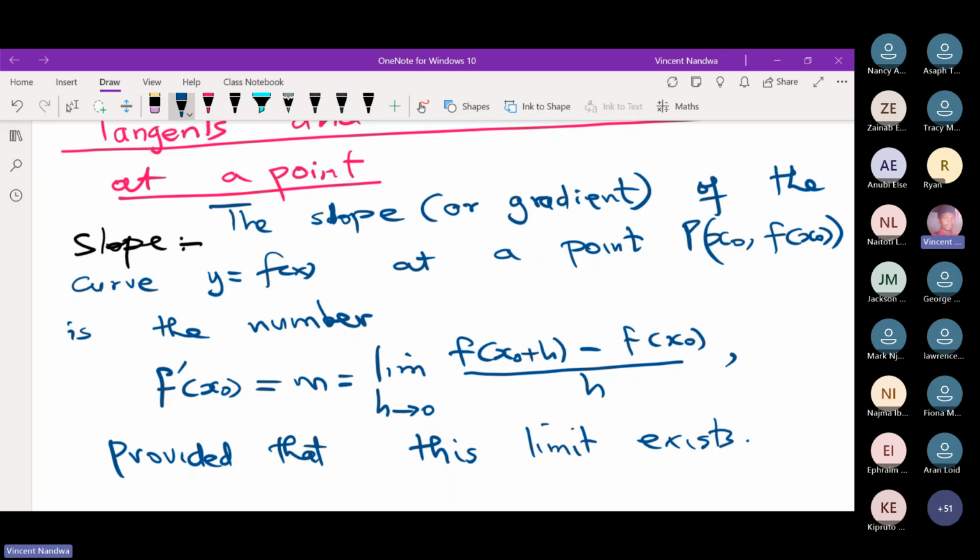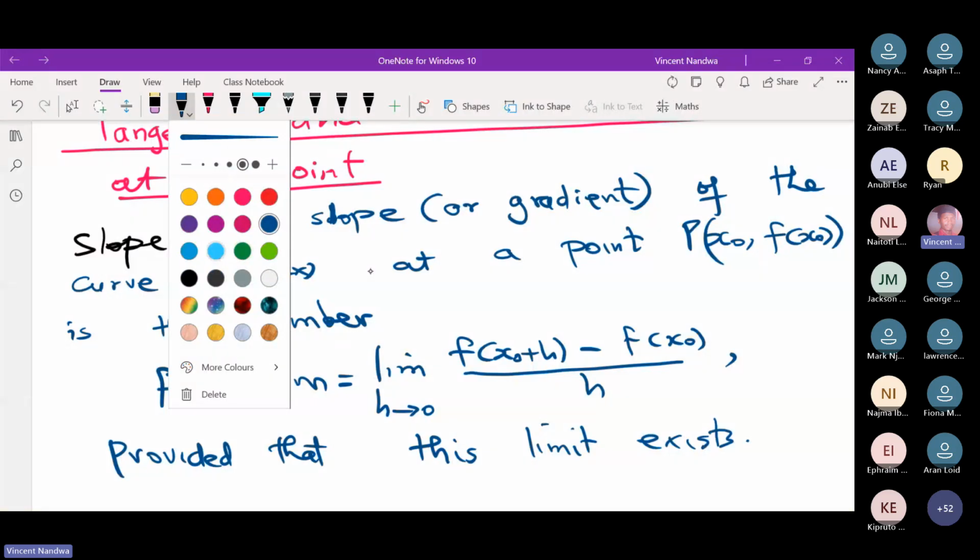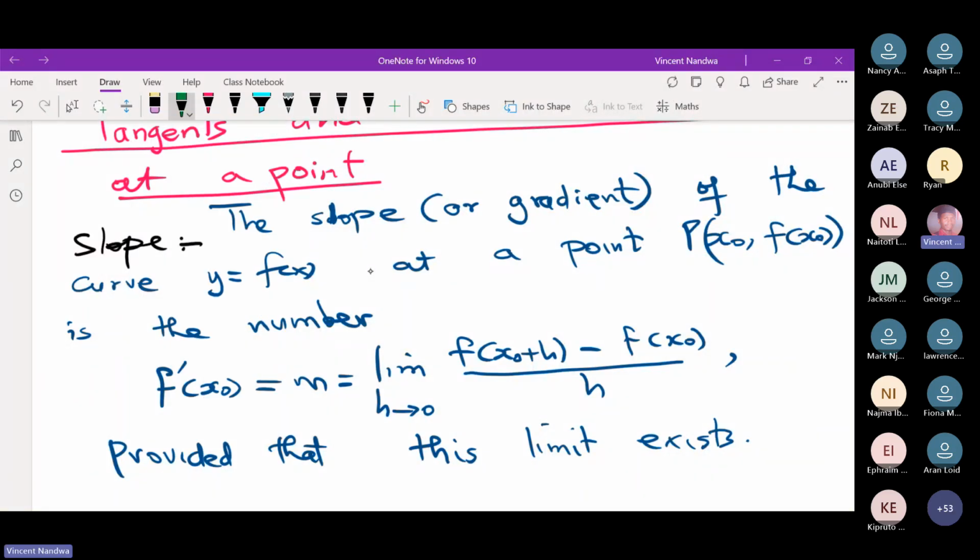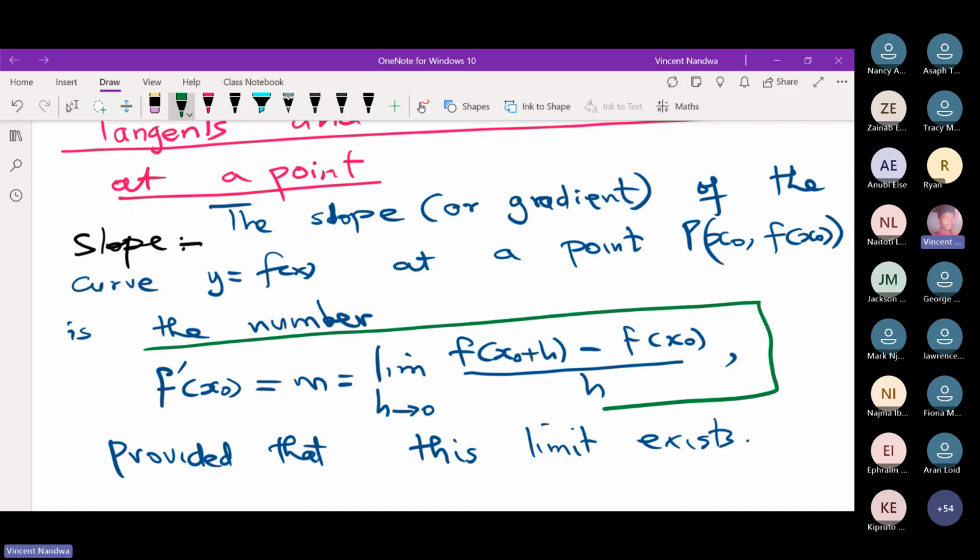So this is what we call the slope or gradient of a curve y equals f of x at a point P with coordinates x naught, f of x naught. So this is the number defined by this limit. And when this limit exists, then we say that the function or the curve y equals f of x has a slope m or has a gradient m at point P.